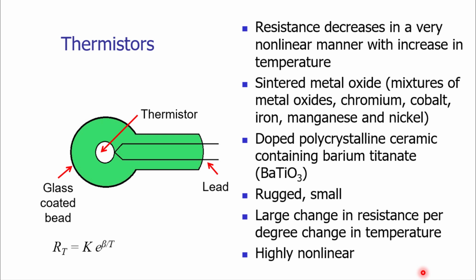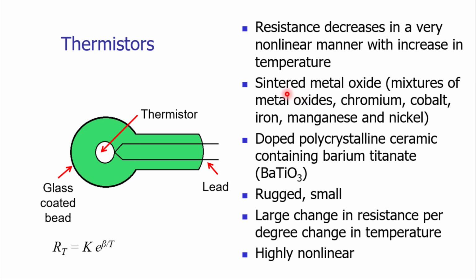The next temperature measurement sensor is the thermistor. In RTDs we have seen the resistance of the material is increasing with the temperature. In thermistors, the resistance is decreasing in a nonlinear fashion with the increase in temperature.